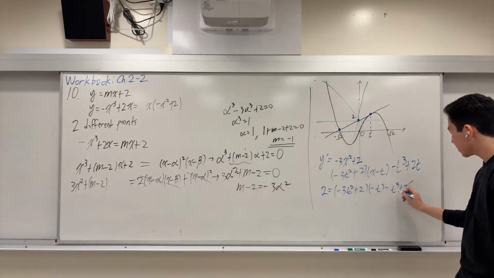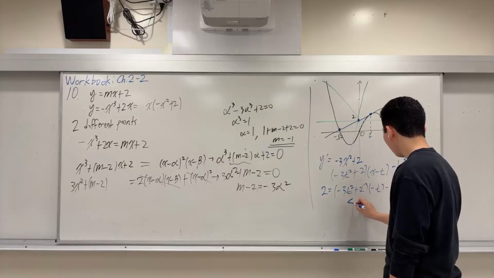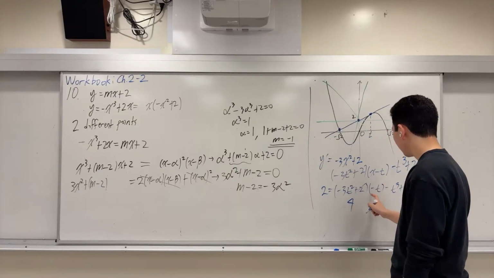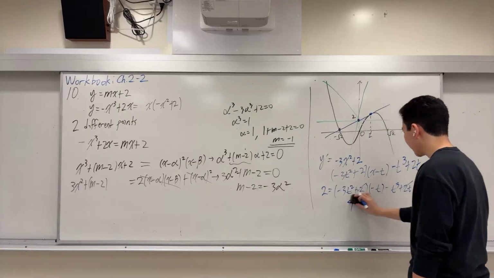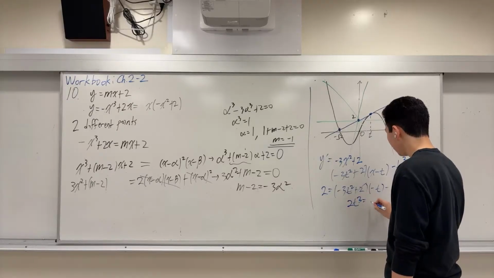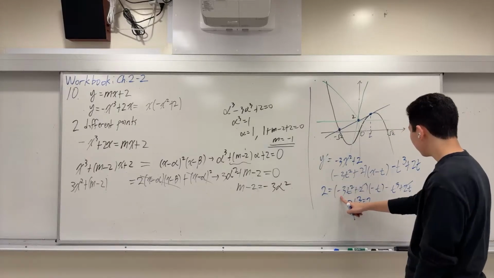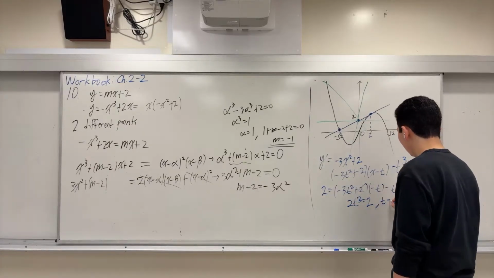Negative 2t and positive 2t can cancel out, which means that 4, so we have 3t cubed and minus t cubed, so that's 2t cubed equals 2, right? So we have positive 3 and minus 1. So t has to equal 1.